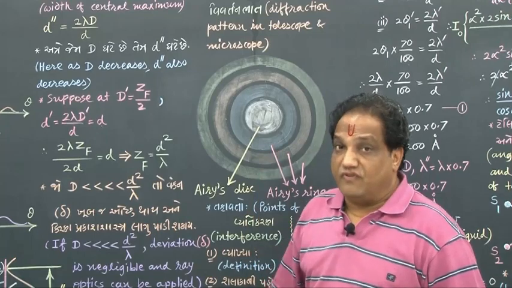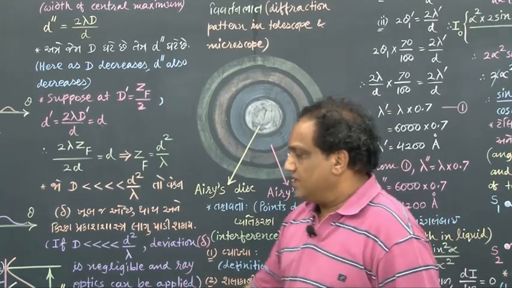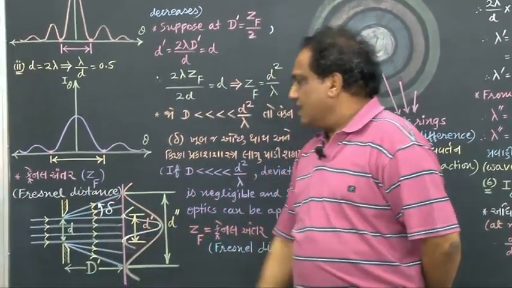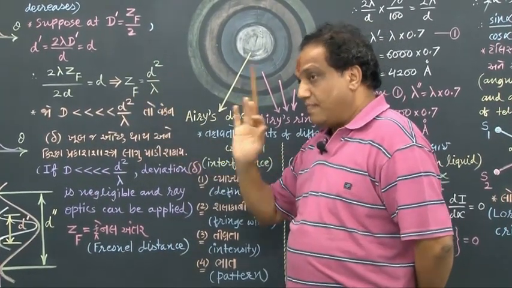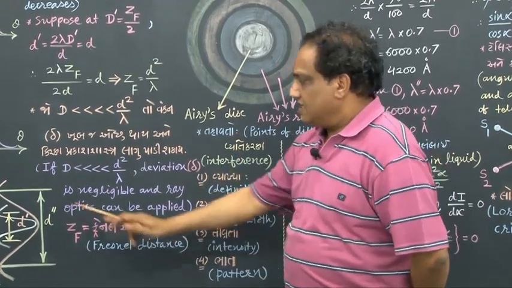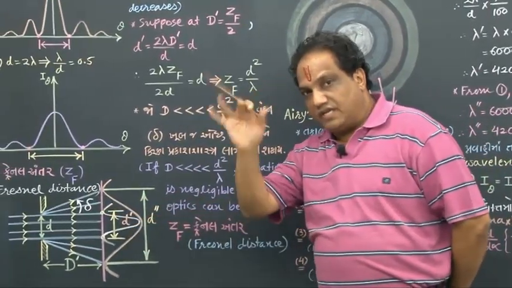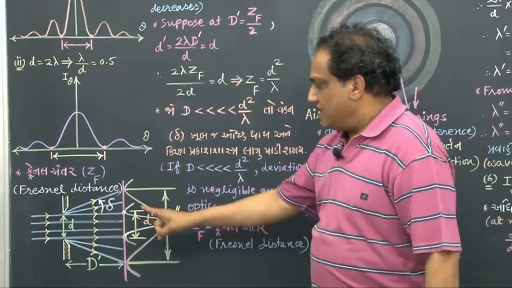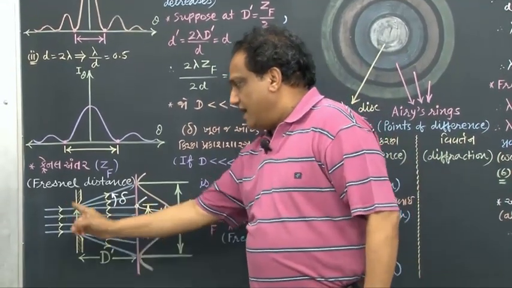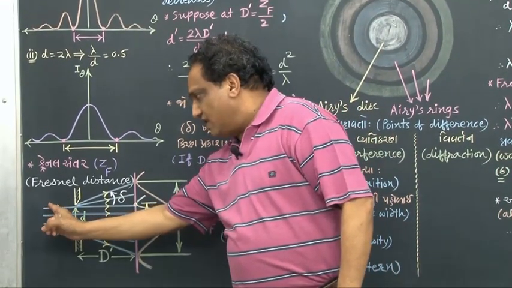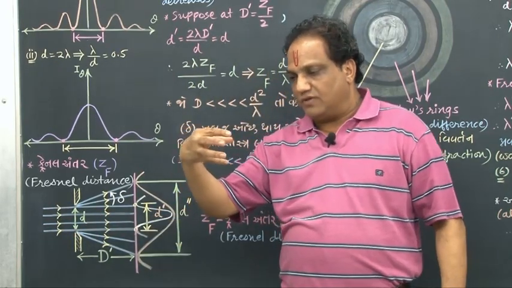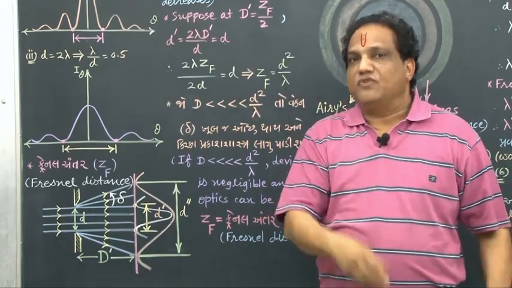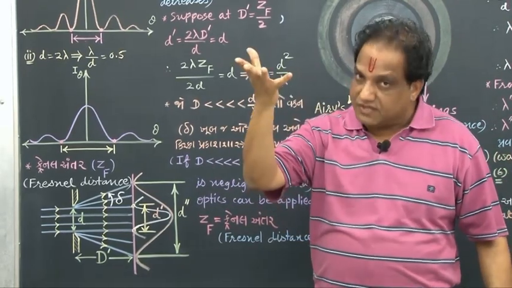Now practically, what do we find? If you keep the distance between slit and screen very much smaller than this distance, which is called Fresnel distance, then it so happens that this deviation delta is negligibly small, and light rays would pass almost without getting bent. At that time, because light rays propagate on rectilinear paths, we can apply ray optics.